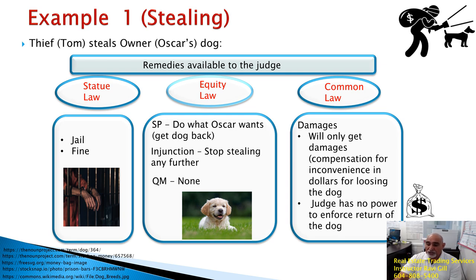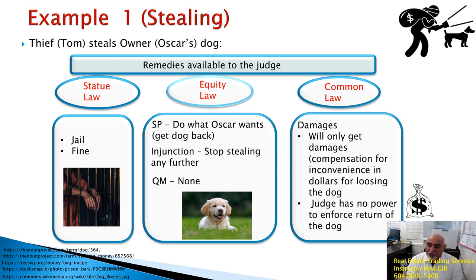Injunction, he may also want Tom to stop stealing any further, not just his dog but other things. Quantum meruit, maybe the judge may say, because of this loss, you deserve this much money. But quantum meruit is more specifically set aside for part of the work, and when nothing is written, it's more contract in terms of work, not really in terms of stealing.